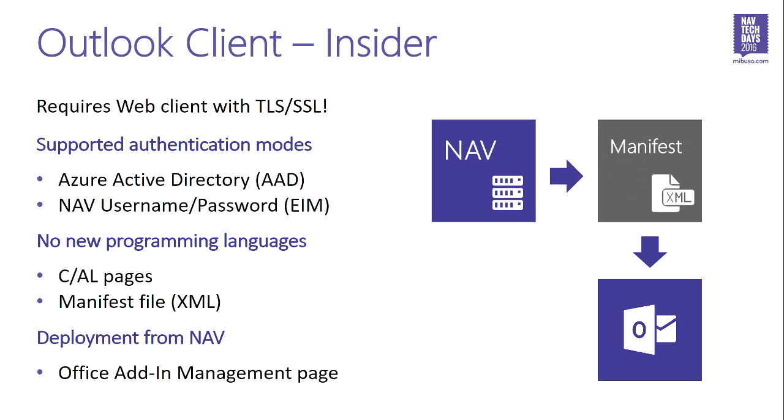The manifest file will get stored in the mailbox for that particular user or for the whole organization. And when Outlook starts, it parses this manifest file and starts up the add-in, and it also sets up all the endpoints that the add-in interacts with, and also the behavior inside the mail.